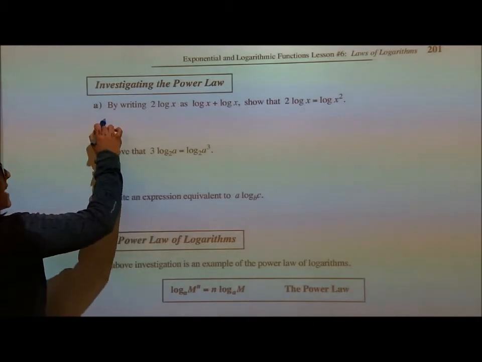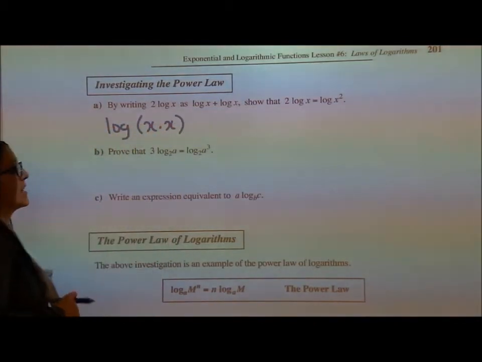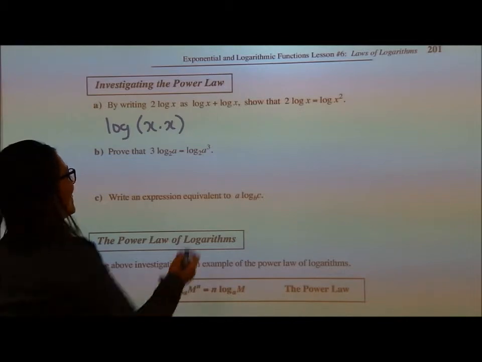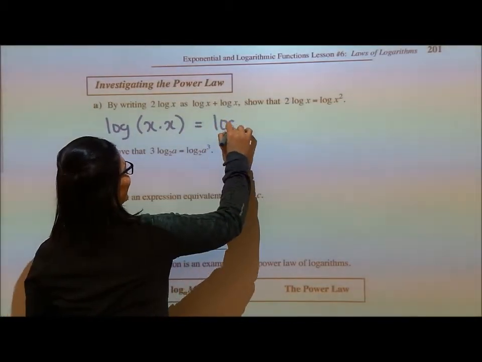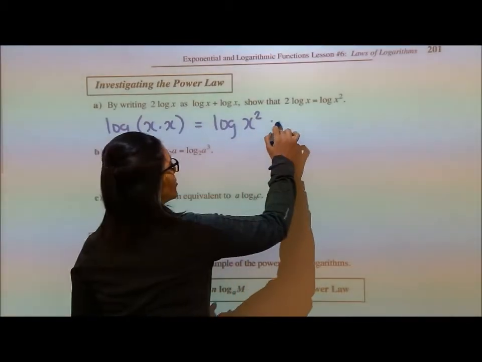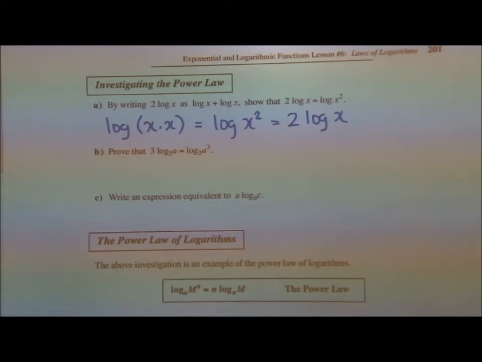I can multiply them together. And what is x times x? X squared. Thank you, Anne. So what we've shown is that 2 log x can be written as log x squared.